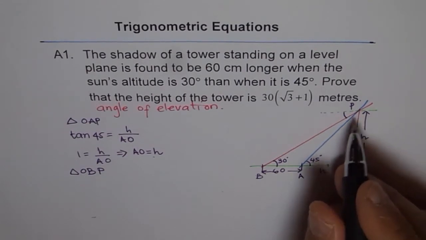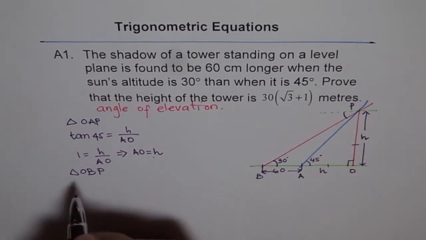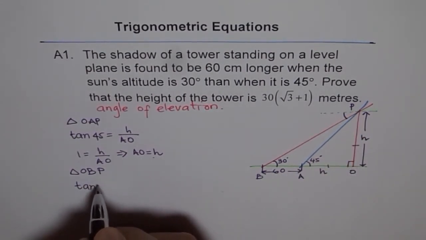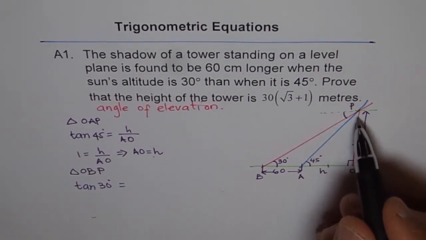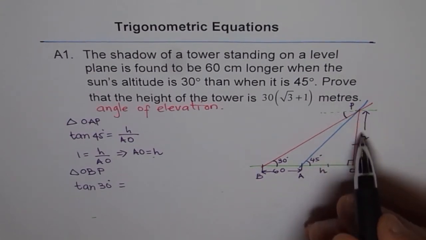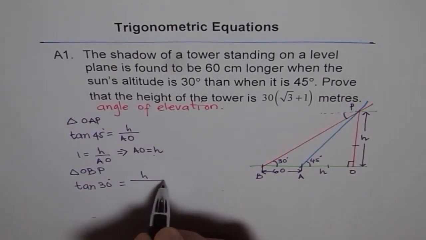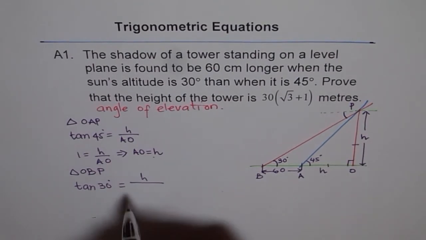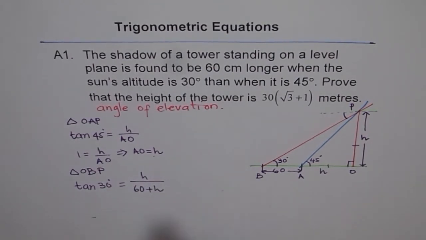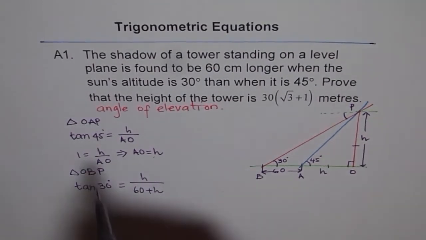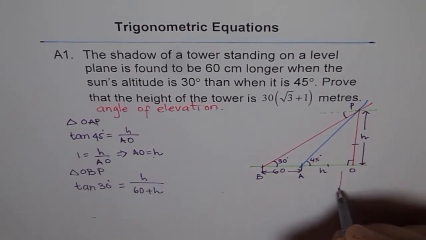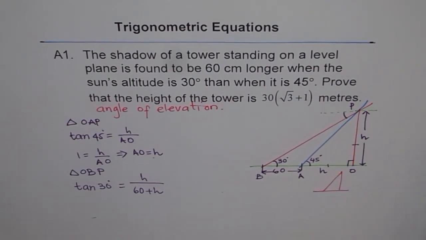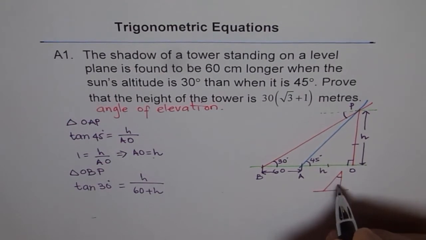Now in this triangle, we can say what is tan of 30 degrees? Tan of 30 degrees is height over base, right? So height is h over the base here, which is 60 plus h. And if you look into your special triangles, a special triangle which is 30, 60, 90, this is 30.